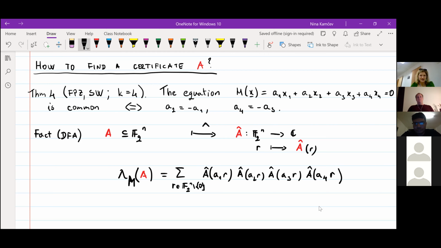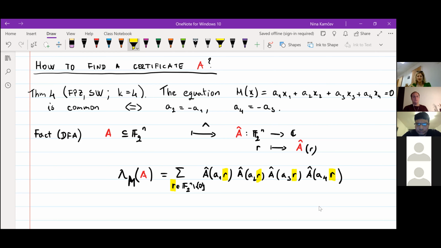So again, let's just stare at this sum for a bit. R takes any non-zero value in F_q^n, and as R runs through the group, this first argument a1R also attains each non-zero value exactly once, and the same is true for the second, third, and fourth summand.